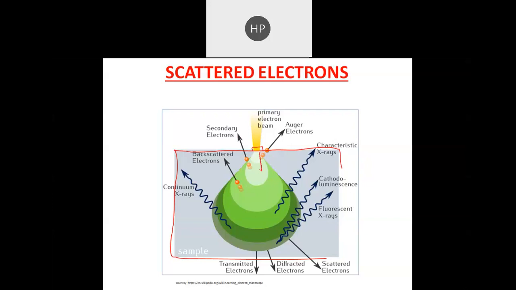They can go up to a certain limit, and as the energy reduces, they come out, and that will be termed secondary electrons. So as the electron beam strikes the specimen, the first electrons that we get are the secondary electrons.